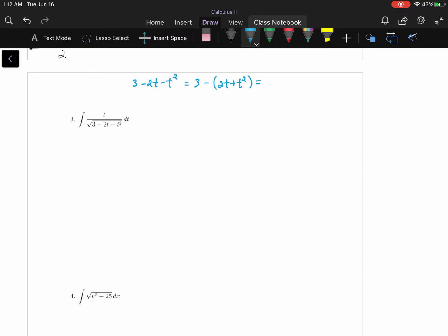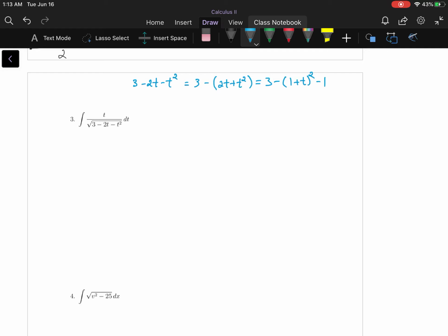It would be really handy if that were just simply 1 plus t squared. 1 plus t squared, I know that's going to give me a t squared. It's going to give me a 2t, but it also gives me this plus 1. So I need to also subtract that plus 1.